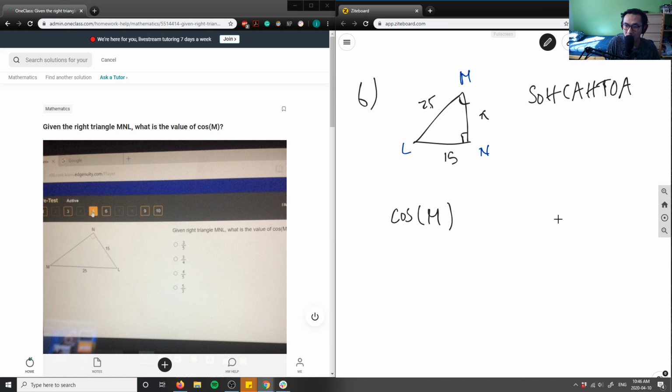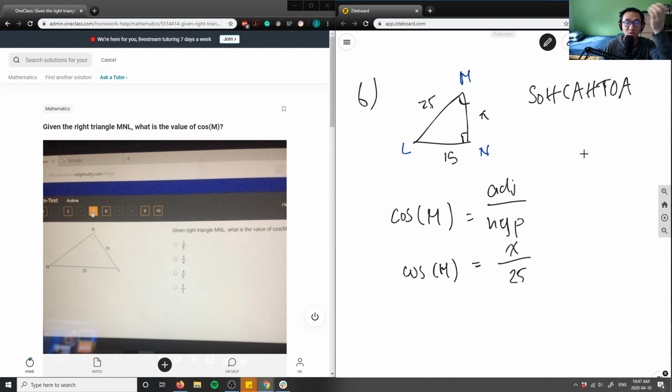So cos M equals adjacent over hypotenuse. Adjacent to this angle is this side x, and the hypotenuse is 25. So cos M would equal x over 25.